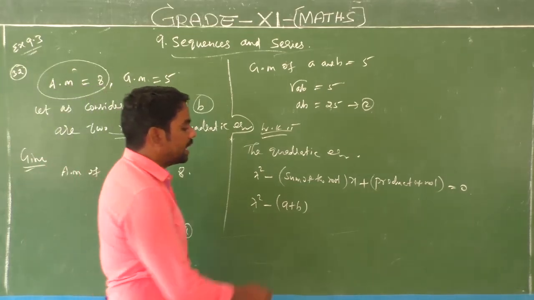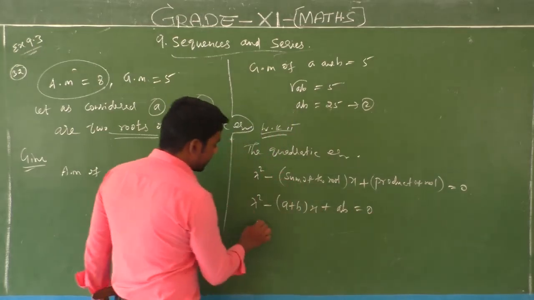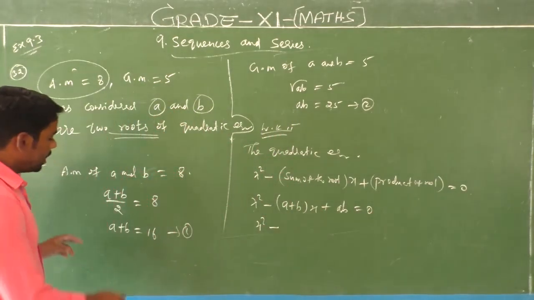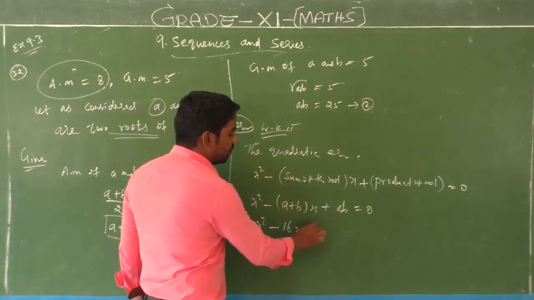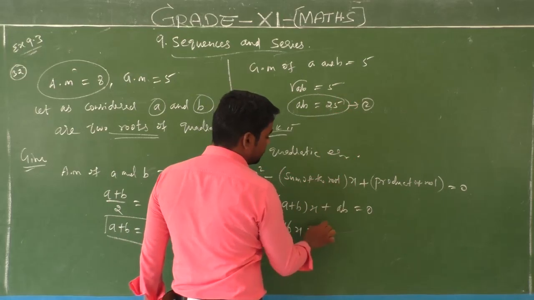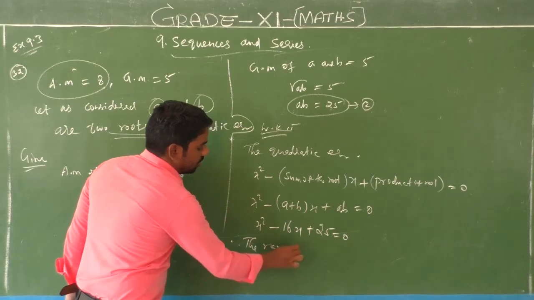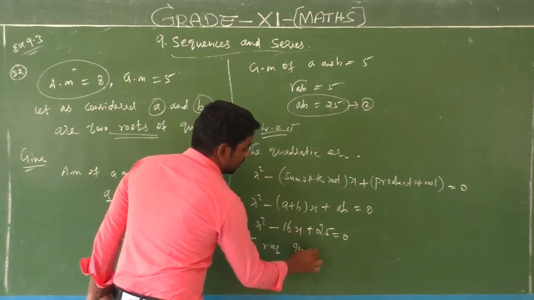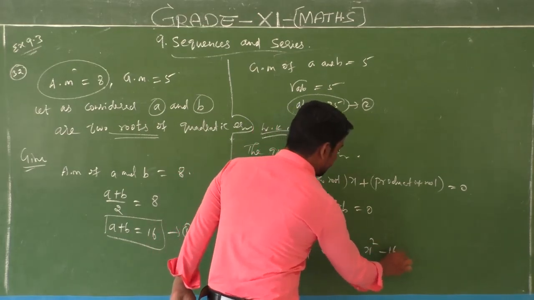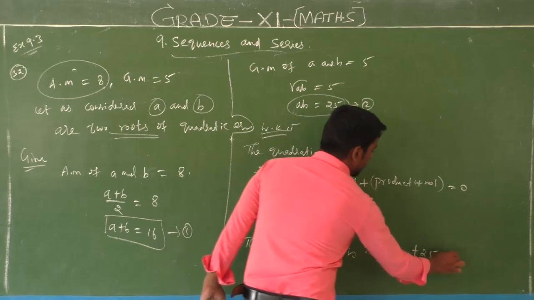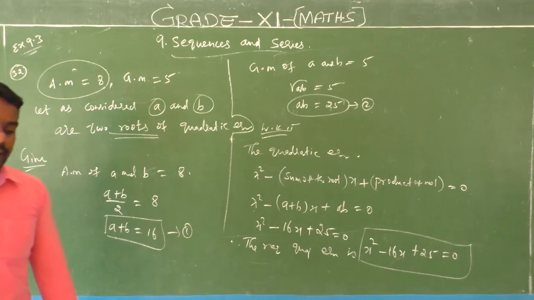So x square minus (a plus b)x plus ab equals 0. We know a plus b is 16 and ab is 25. Substituting, the required quadratic equation is x square minus 16x plus 25 equals 0. Very simple question. Okay, right.